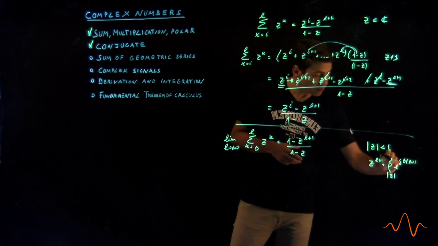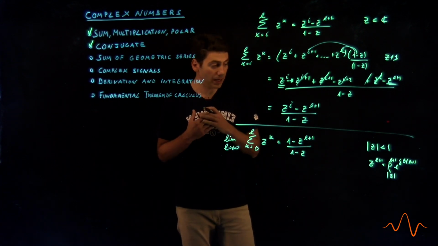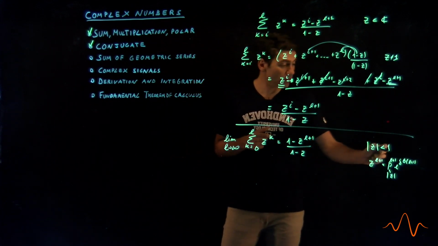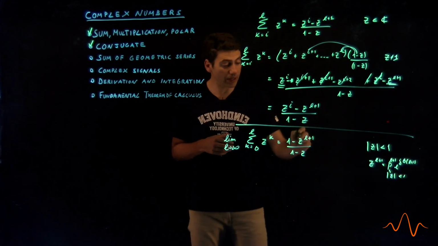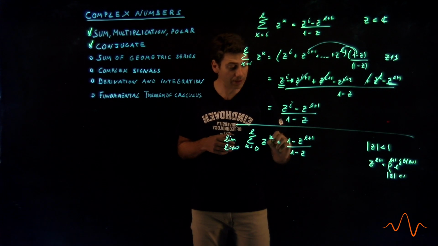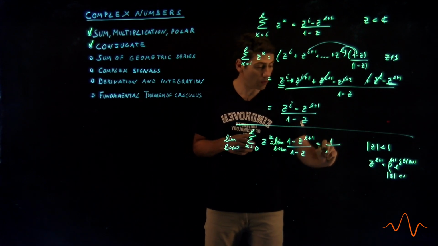If I let L go to infinity and the absolute value is less than 1, you see that this will converge to 0. So this term will cancel, and this limit will be 1 over 1 minus z.